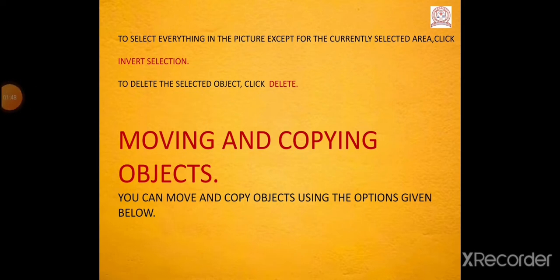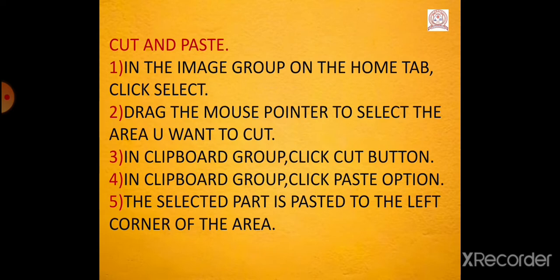Now next move to moving and copying objects. We can move and copy objects using the options given on the next slide. For example, we want to cut and paste. We can use the cut option to cut the selected object and then paste it in another part of the drawing. The steps are: in the image group on the home tab, click select.